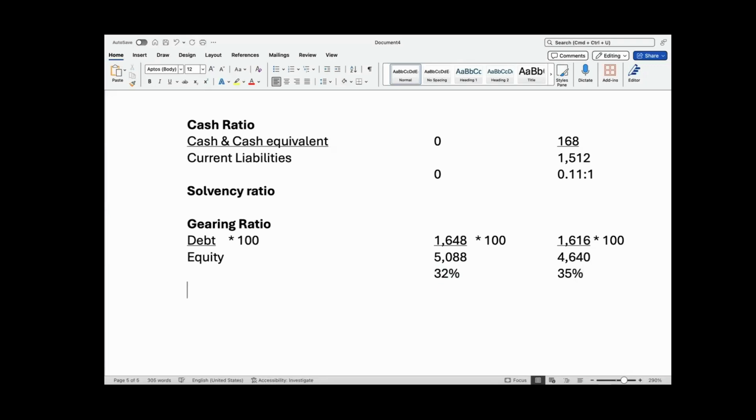Another one could be proprietors ratio. It's very similar to this.